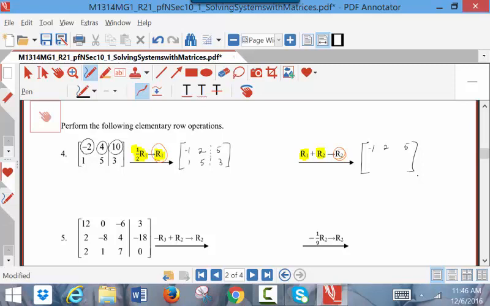I'm going to take row 1 and add it to row 2, and put those results in as my new row 2. Negative 1 plus 1 is 0. 2 plus 5 is 7. And 5 plus 3 is 8.